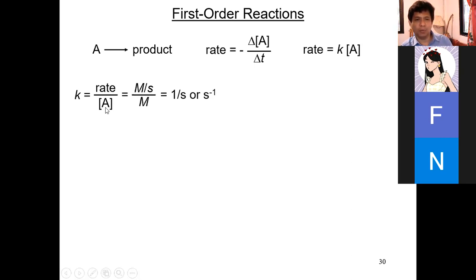Nag-iiba-iba lang yan. Halimbawa, second order, magiging M squared dito, so ang magiging unit ng K ay M^-1 s^-1, magkakansel yung isang M. And so on. Halimbawa naman, zero order, walang unit yung A, so magiging molarity per second ang unit ng K. Tinatanong din yan, yung unit ng K. I hope you're getting what I'm trying.